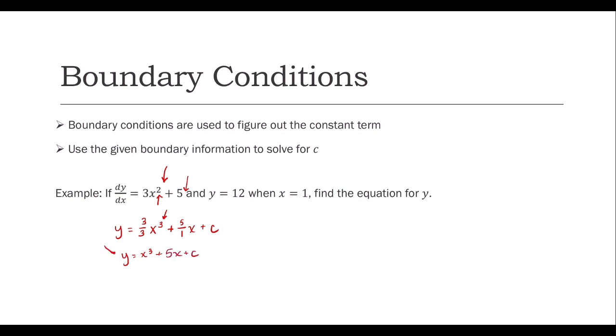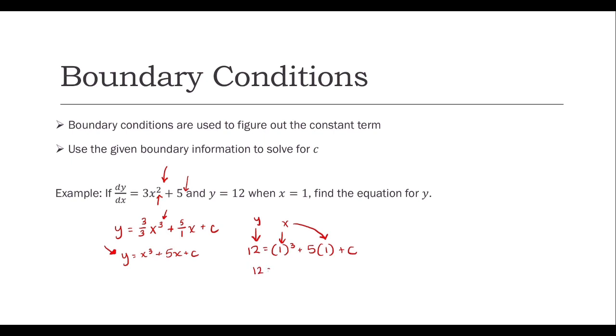So this would be our integral if we didn't have any boundary conditions. But we know that y equals 12 when x equals 1, so we can plug those in to solve for c. So when y is 12, that'll equal 1 cubed plus 5 times 1 plus c, because we've plugged in 12 for y and 1 for x.